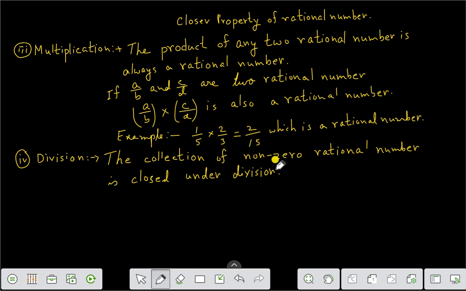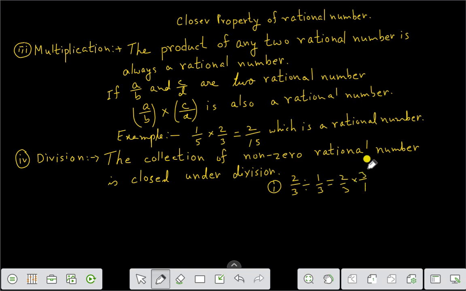Let us take one example. That is 2 by 3 divided by 1 by 3. That is equal to 2 by 3 into 3 by 1.